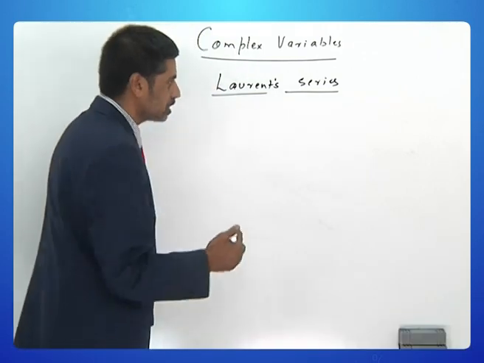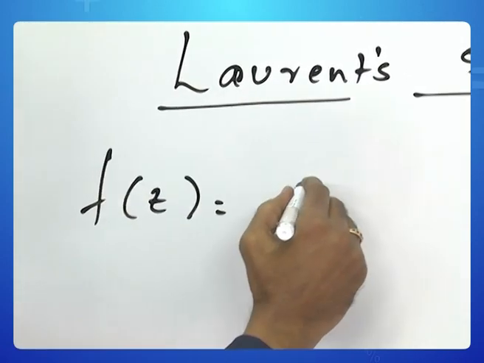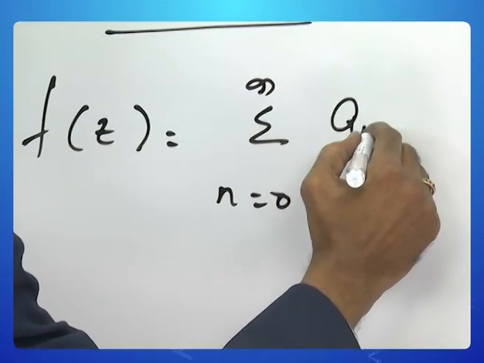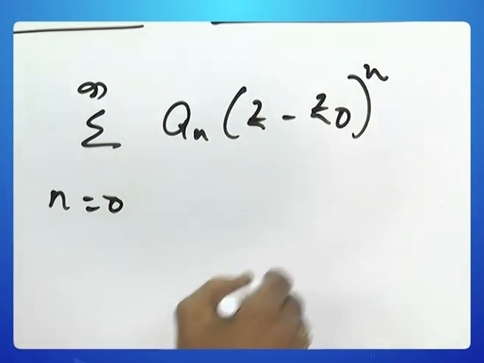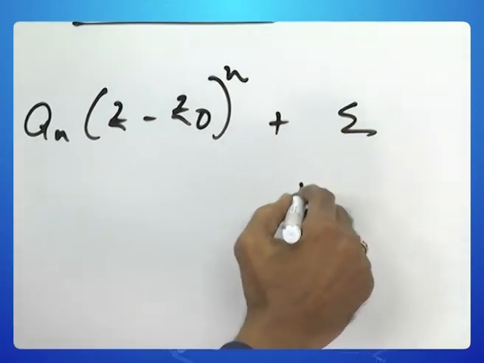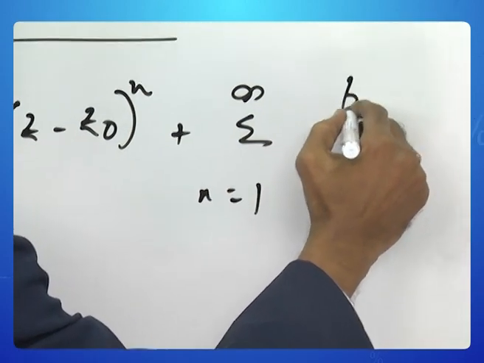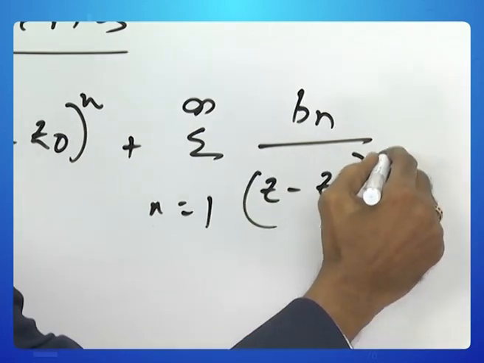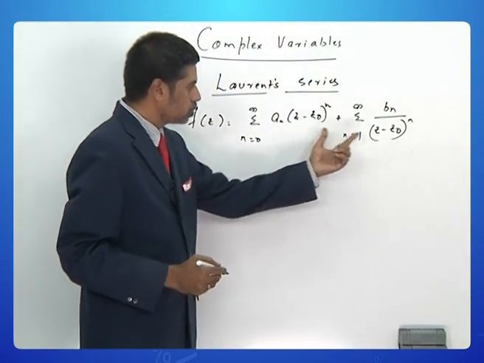A Laurent series in the standard form for a function f of z around z0 appears like this. Please observe that there are two segments.